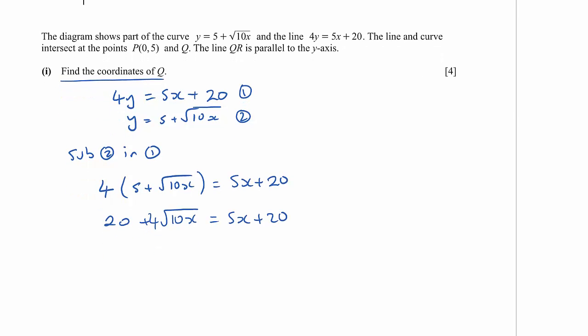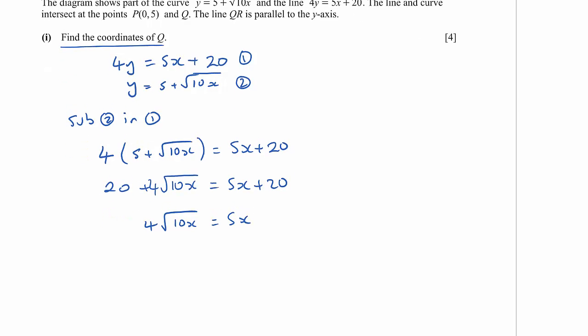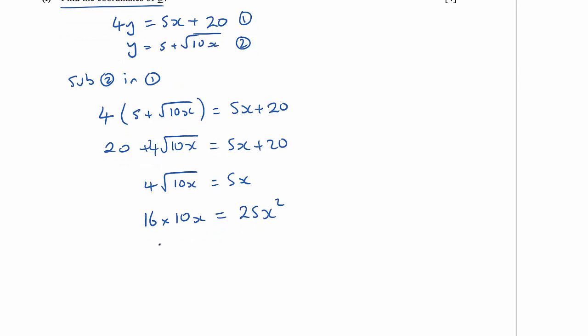Subtract 20 off each side, and then we've got 4 root 10x equals 5x, and we can square both sides now. So that would give me 16 times 10x equals 25x squared, and so 160x equals 25x squared.